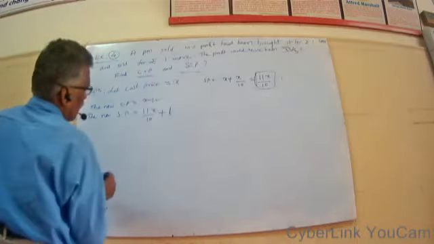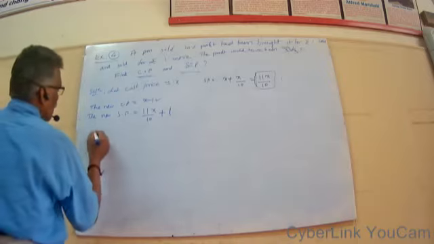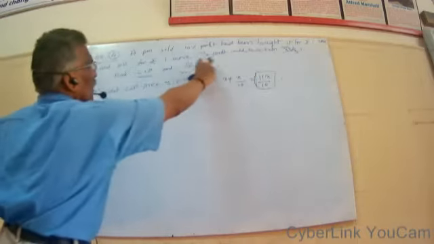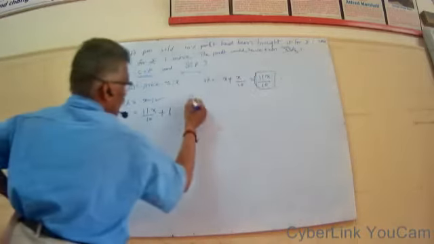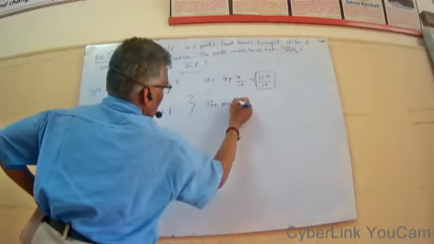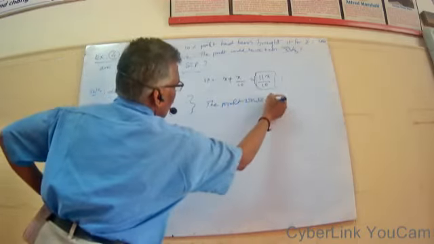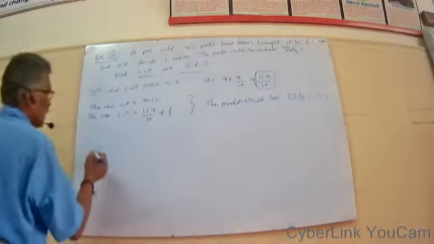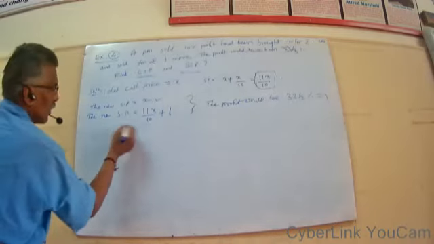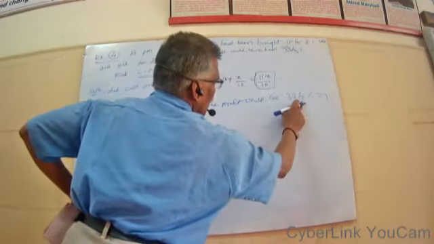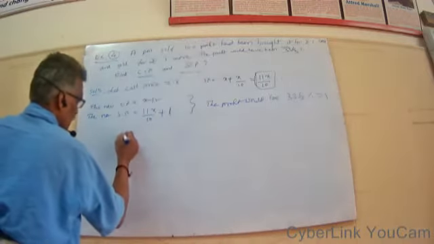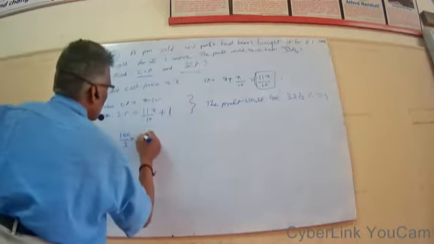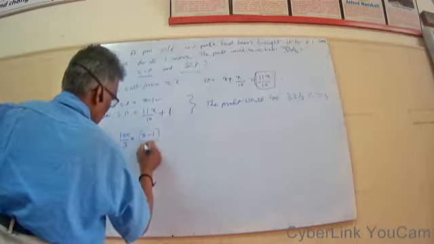So the profit would be 33 1/3%, which is 100 by 3 percent of the cost price x minus 1, divided by 100.